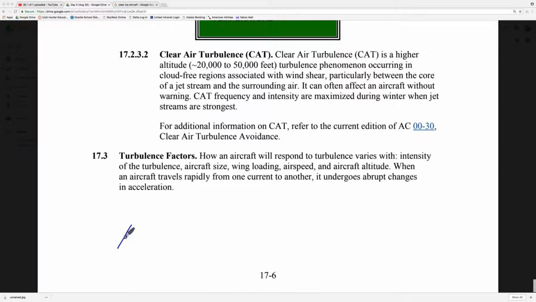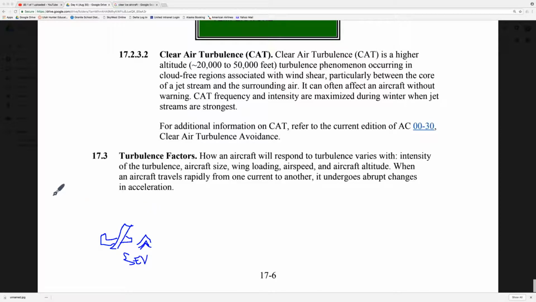We have Grandpa over here in his Cessna 172, and he's flying along. All of a sudden he hits this pocket of air and he says, severe turbulence. So a PIREP pops up: severe turbulence.